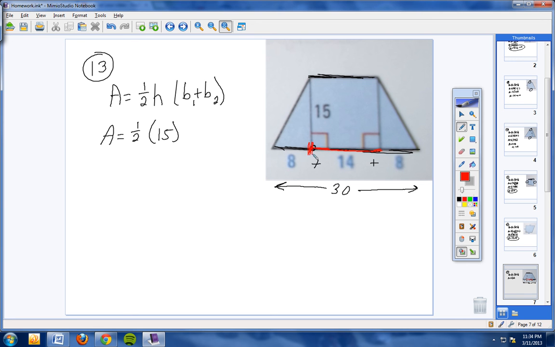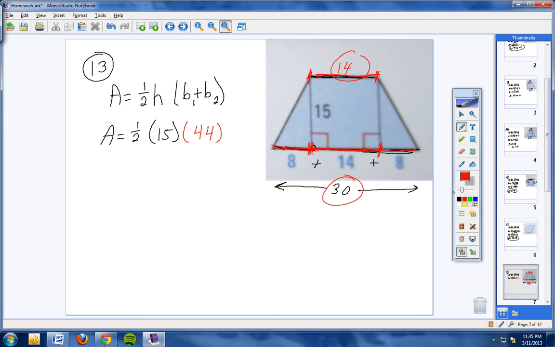From here to here is 14, so from here to here up here would also be 14. So my whole big base down here is 30 and my base up here is 14. So if I add my two bases together, I get 44.